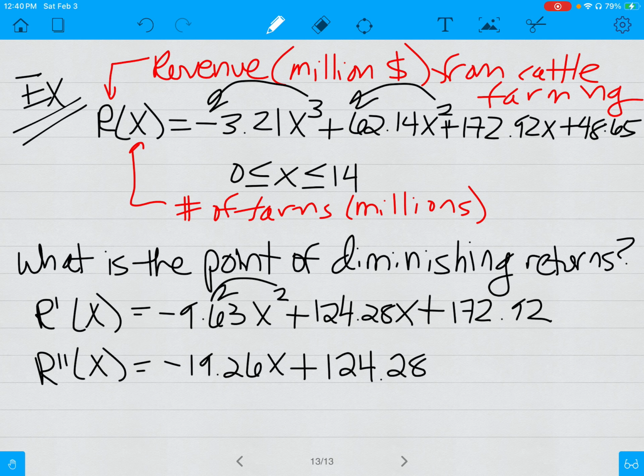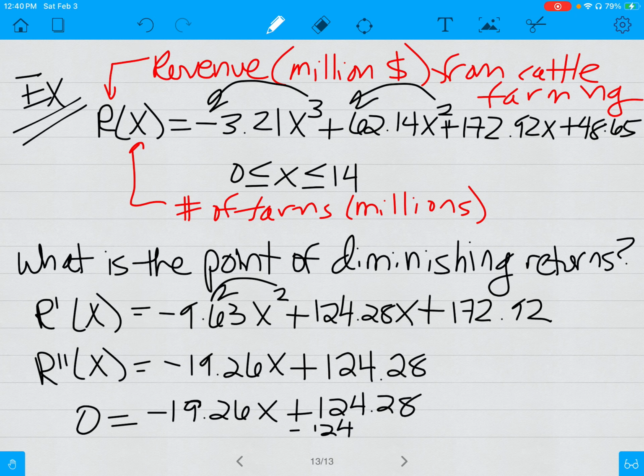And to find the point of diminishing returns, we need to determine what value of x causes this to be equal to 0. So negative 19.26x plus 124.28. When is that equal to 0?